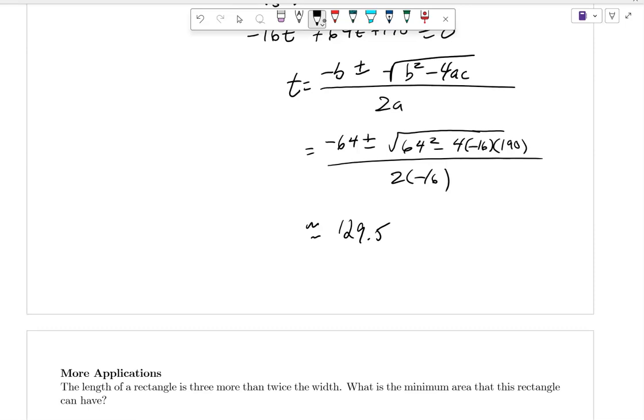Seems a little big. I got a weird decimal when I simplified. Yeah, there should be a weird decimal in there. I agree. Anybody get anything different?